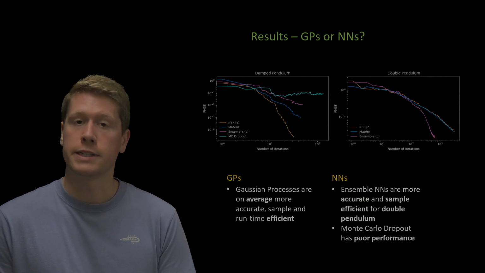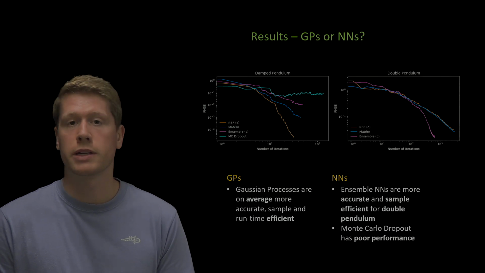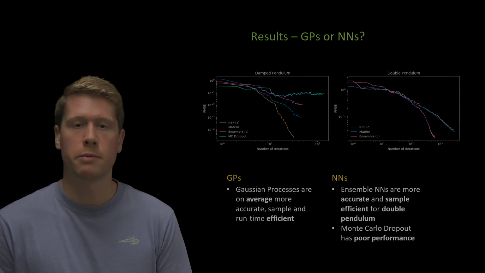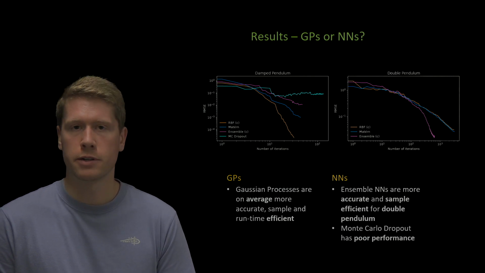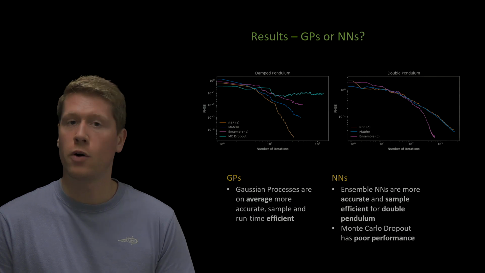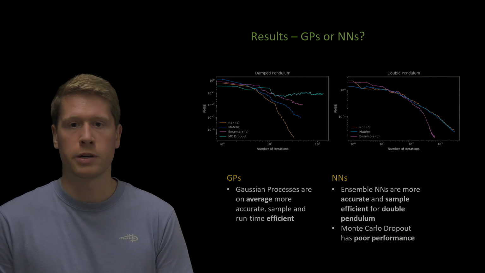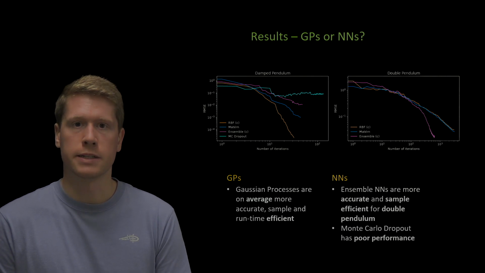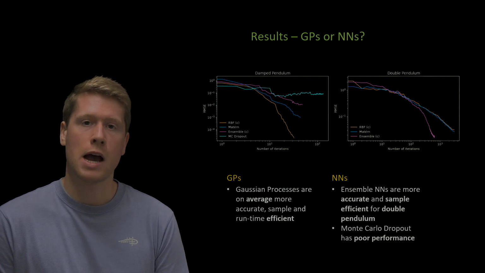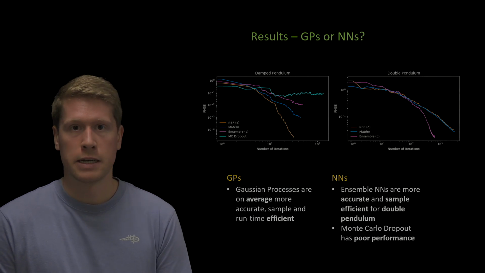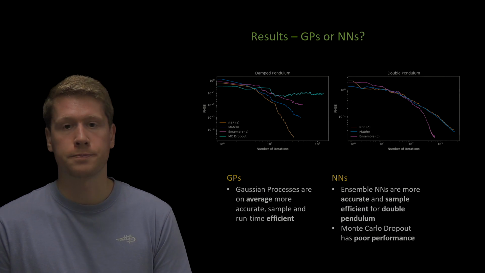For the damped pendulum, we see that Gaussian processes converge to really accurate solutions with a minimum amount of training data. We've seen fairly similar results for 4 out of the 5 systems where Gaussian processes do really well. But on the right side, we see that the ensemble neural network only requires about half of the training samples that the Gaussian processes do and still converges to a more accurate solution.